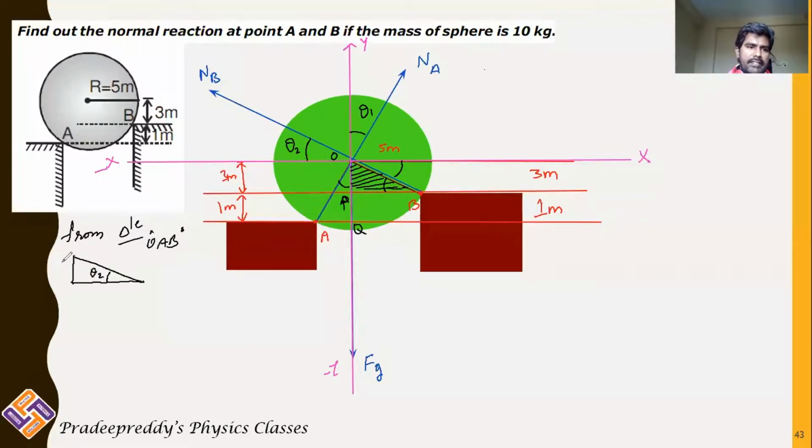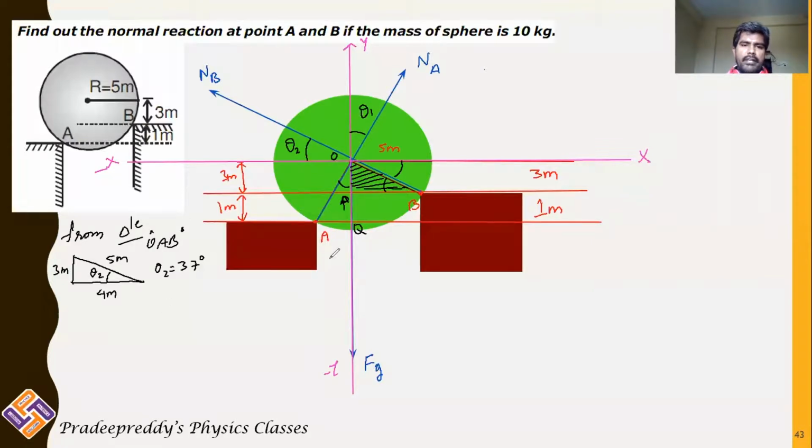This side is 3 meter given, and this side is 5 meter given. For a triangle, if two sides are 3 and 5, then obviously the other side will be 4 meter. And theta 2 will be equal to 37 degrees. This we have learnt in many cases in the previous video lectures itself. We know this. So theta 2 is 37 degrees.